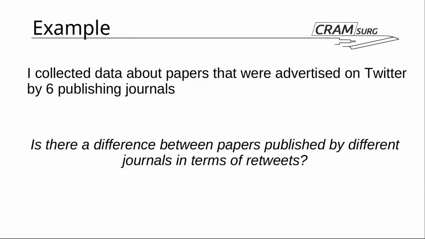Now, in this particular scenario, I want to know if different tweeting journals affect the number of retweets that that particular tweet is getting. So again, I've got 6 publishing journals. Each of them is associated with continuous variables, which is the number of retweets. I hope that makes sense.